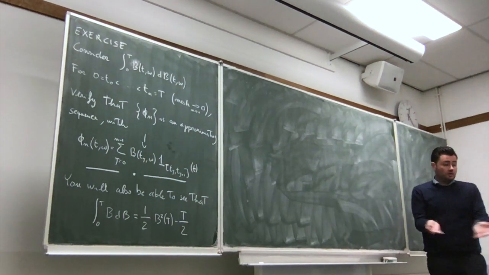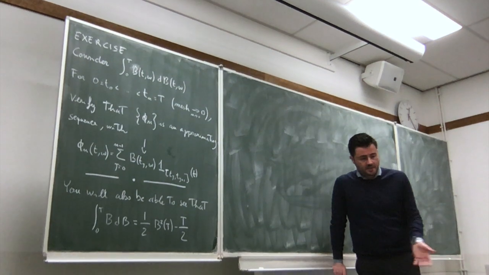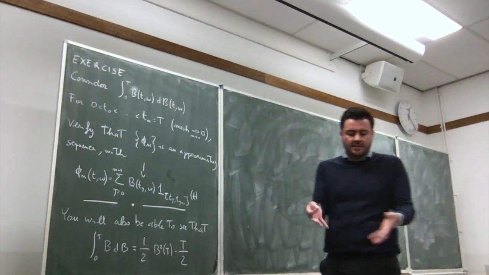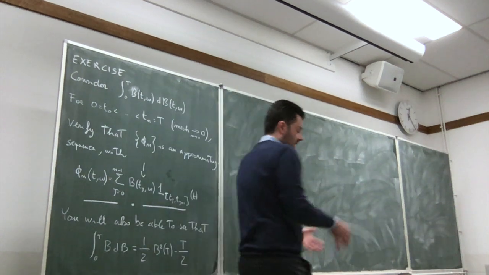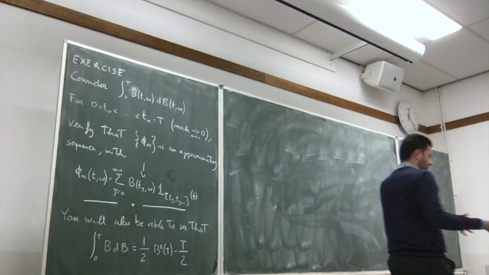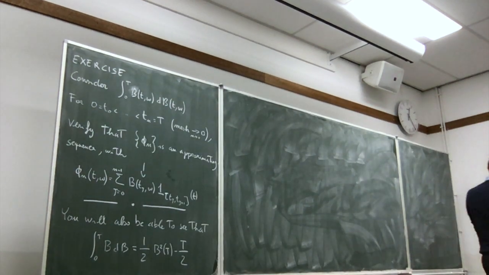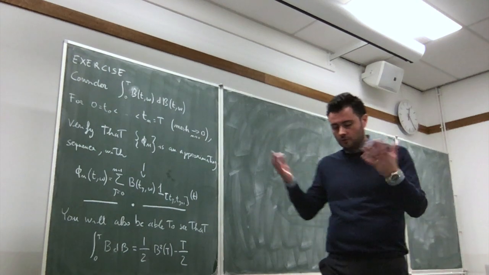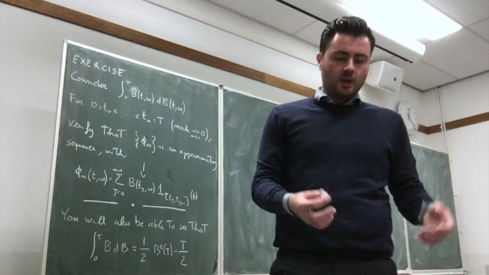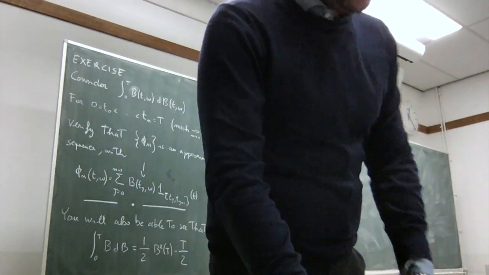But since this is not a course in stochastic calculus per se, obviously we just consider some basic results that are useful to us, and then we will see the application of the formula for processes that we actually use in finance, like, for example, the geometric Brownian motion. So we want to play with the geometric Brownian motion, and we apply the Ito formula to that.